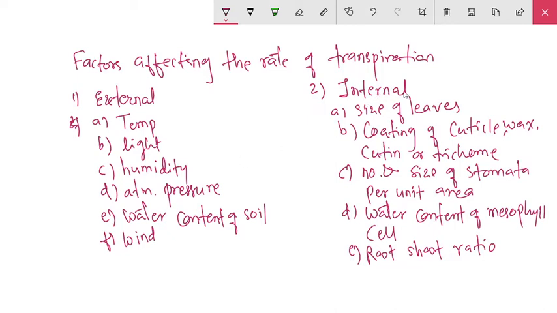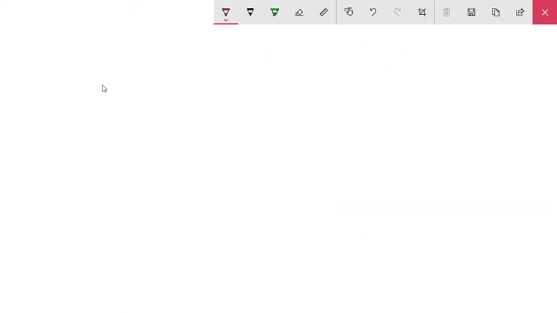The internal factors are size of the leaves, coating of the cuticle, wax, cutin, or the presence of trichomes, which are present on the leaves; then the number and size of stomata per unit area, the water content of the mesophyll cells, as well as root shoot ratio. We will discuss them one by one. First of all, the temperature.